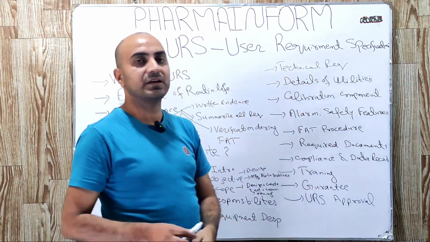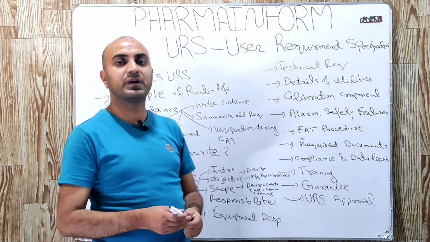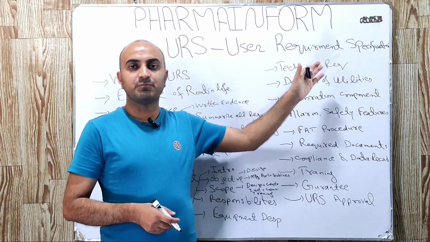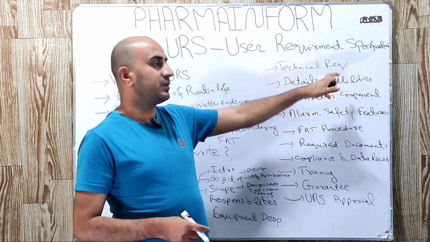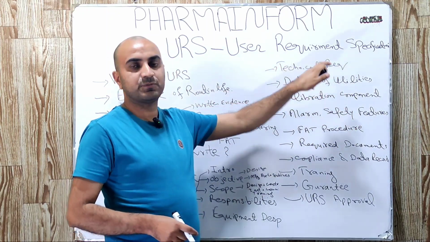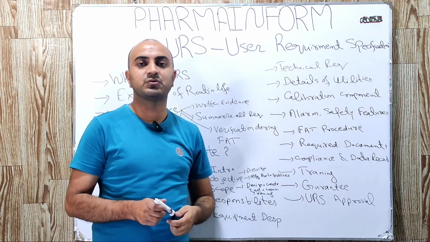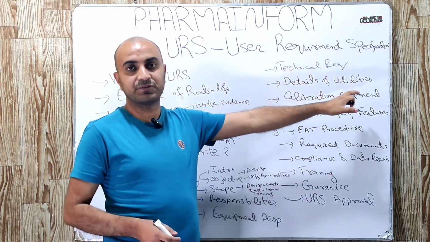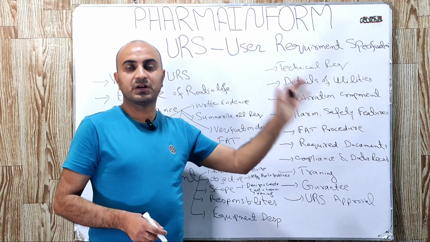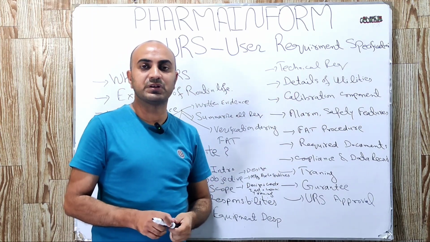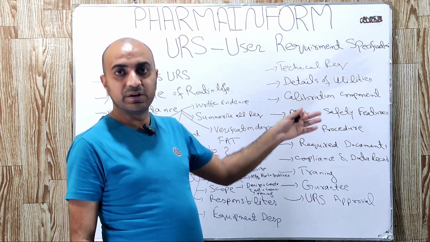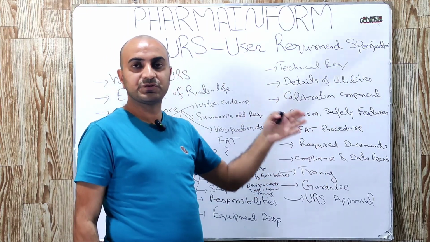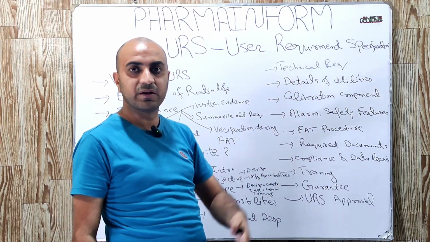The next one is the technical requirements. In the technical requirements we mention all the requirements in detail. We mention capacity. Suppose we are going to write a URS for a rapid mixing granulator, we will mention its capacity. We will mention the requirement of MOC, material of construction, number of blades in choppers, charging mechanism, discharging mechanism.